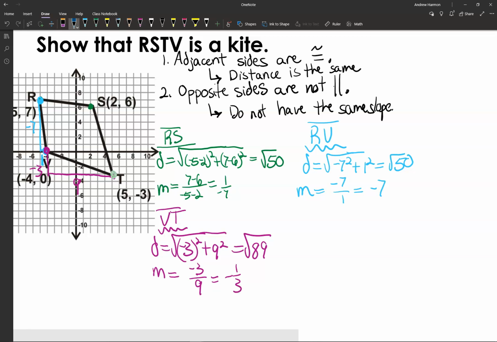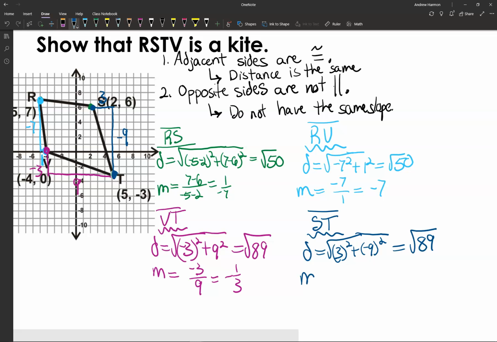So we're going to do the same with our last side, which is going to be ST. So S to T. And so if we look at that, that's going to be over 3 in the positive direction and down 9, so negative 9. So ST distance is going to be the square root of 3 squared plus negative 9 squared, which is equal to the square root of 89.